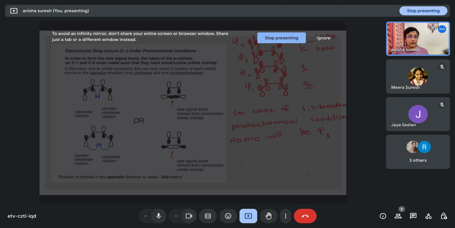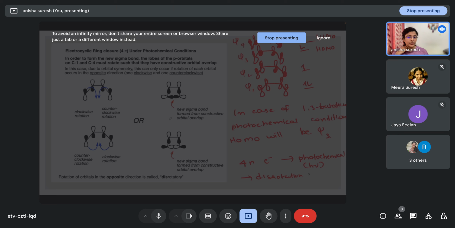Okay, so because of that, for photochemical condition, that is h nu condition, this rotation is favored. It can be clockwise, counterclockwise, or counterclockwise, clockwise. Both will lead to formation of new sigma bond with constructive orbital overlap.